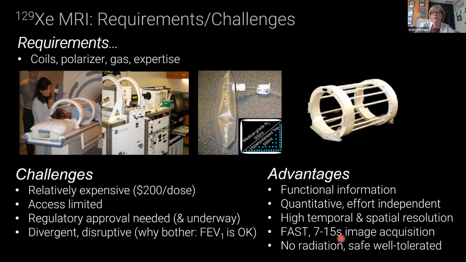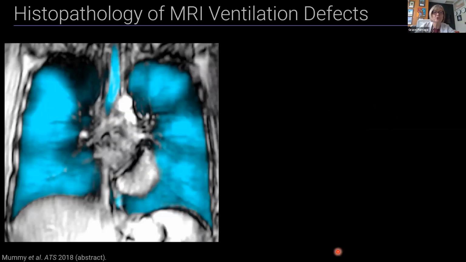So we have to acquire these images in under 15 seconds. And of course, all MRI like this is radiation free, and in our hands, and certainly in the UK and Europe, this is a very safe, well-tolerated procedure.